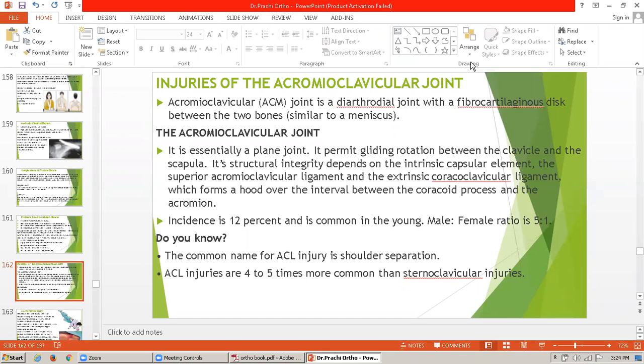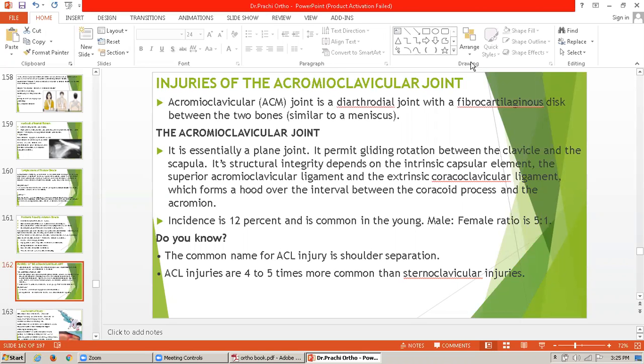Its structural integrity depends on the intrinsic capsular element and the superior acromioclavicular ligament, and the extrinsic coracoclavicular ligament, which forms a hood over the interval between the coracoid process and the acromion.